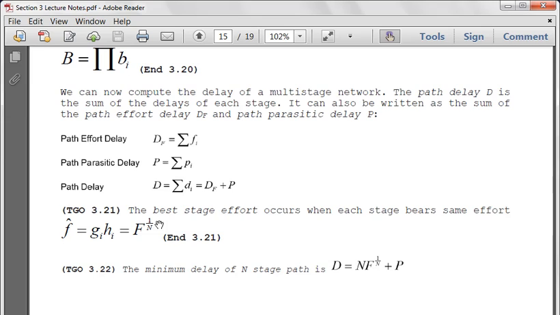Now, to make it more complicated, in section 4, where we go into power consumption, as we know, the dynamic power is directly related to the frequency. Sometimes you're going to find there are trade-offs between frequency and power consumption. So you can try to minimize the full delay of the path.